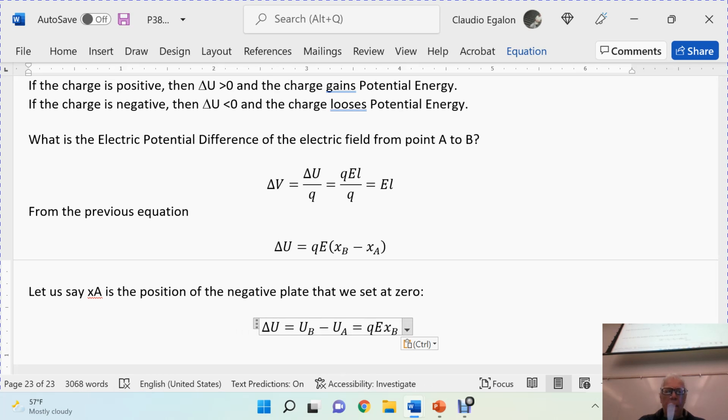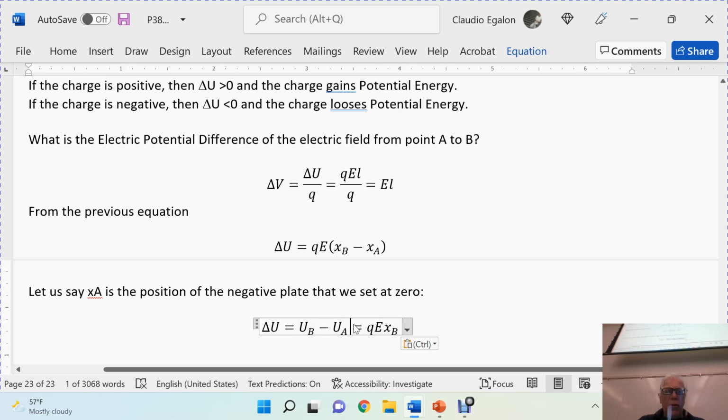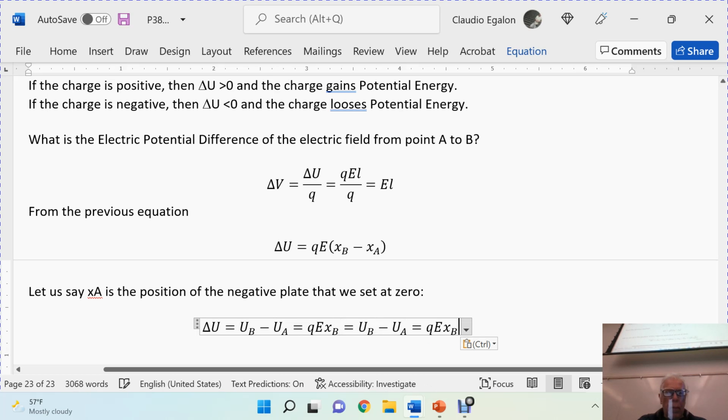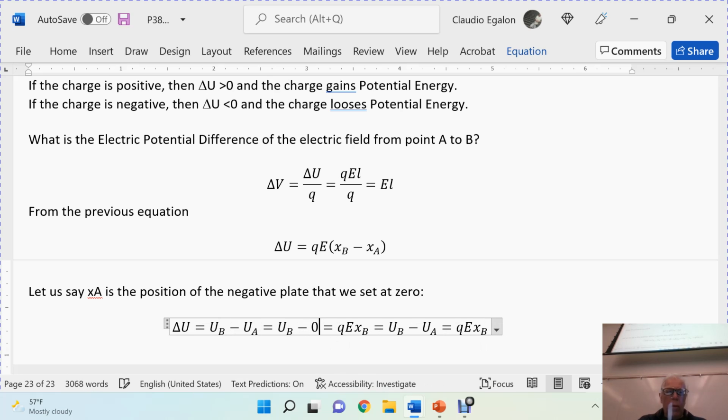Set the electric potential at position A equal to 0. So it's better if we do it this way. Set this one equal to 0, and then set also XA equal to 0. We get something like that.